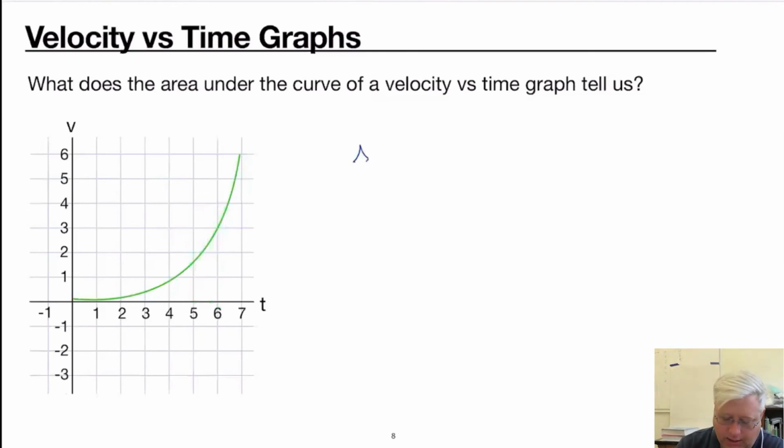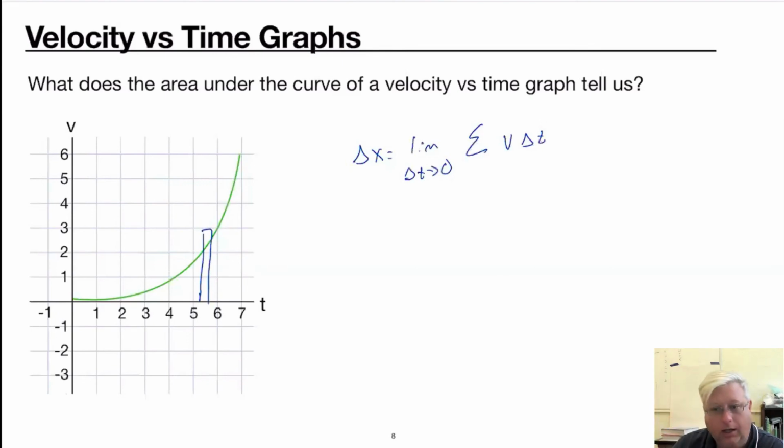So the position, right, is the limit as the time interval approaches 0. And then we're going to have a sum of all those velocity times time intervals. Okay, the change of all those rectangles, right? So if they're rectangles, I'll just do one. It's going to be a change of velocity times a change in time.